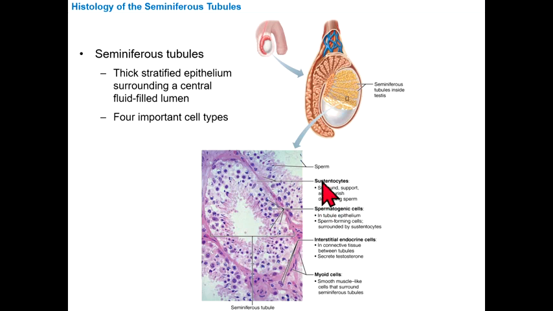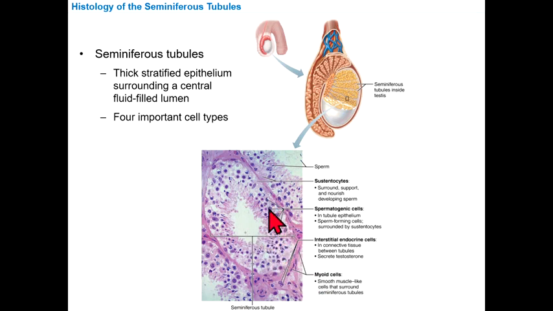And we have these sustentocytes. Think of sustaining, sustentocytes. They surround, they support, and they nourish the developing sperm. And they're pointing to sustentocytes in 2 different seminiferous tubules, because there's the basal lamina or wall that's dividing the 2 seminiferous tubules.